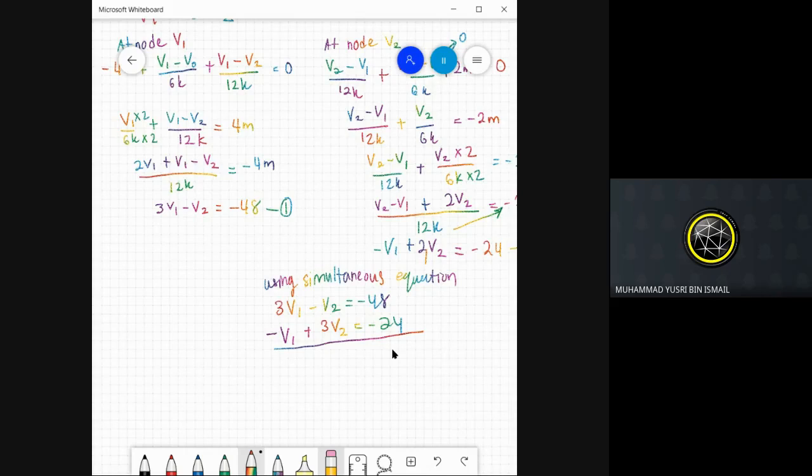Okay, the first unknown will be A1, which is 3. Then B1 will be -1. Then C1 will be -48. And then A2 will be -1, B2 will be 3, and then C2 is -24. So for V1, you will have a value of 21 volt. Then V2 is equal to -15 volt. Okay.